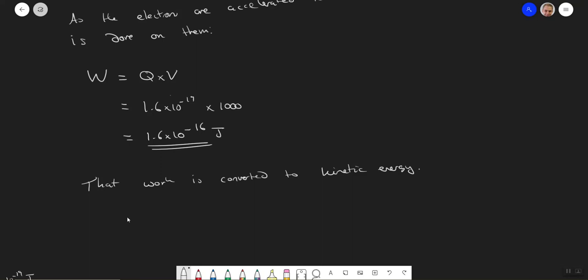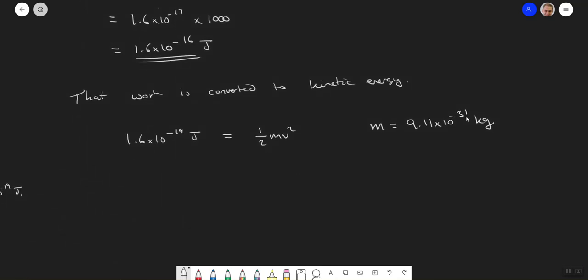So that 1.6 times 10 to the minus 16 joules is going to equal the kinetic energy. Kinetic energy is half mv squared. Now, the mass of an electron is tiny. It's 9.11 times 10 to the minus 31 kilograms.